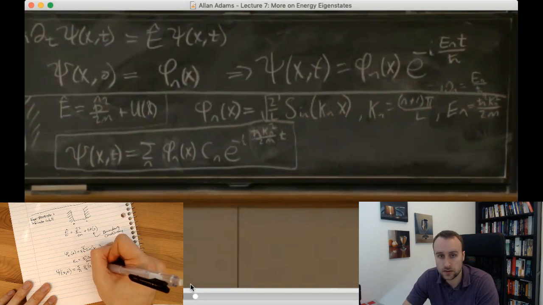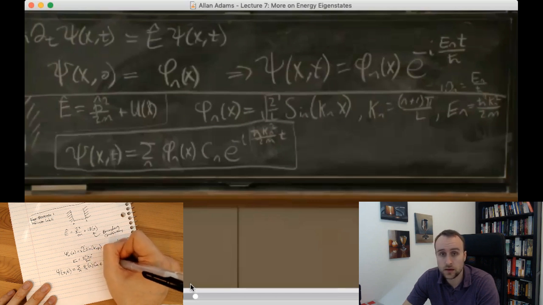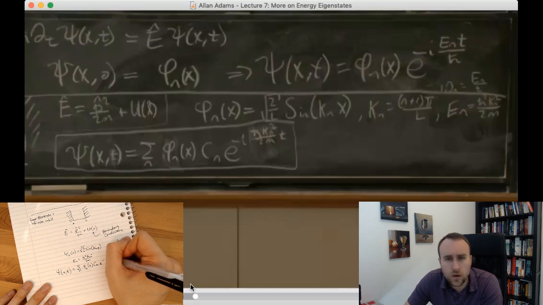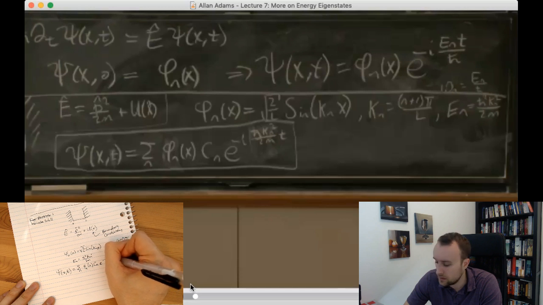And then we've got c n e to the negative i, h bar k n squared t divided by 2m, because the h cancels.